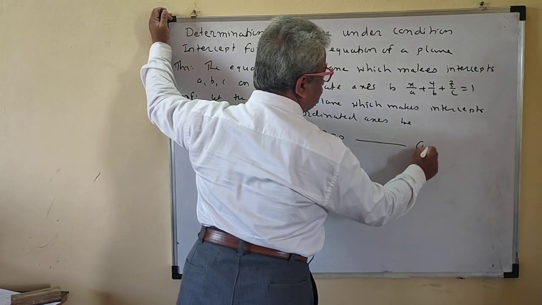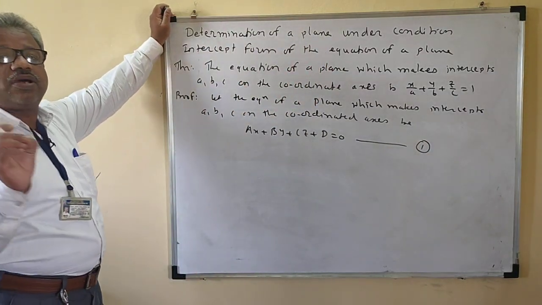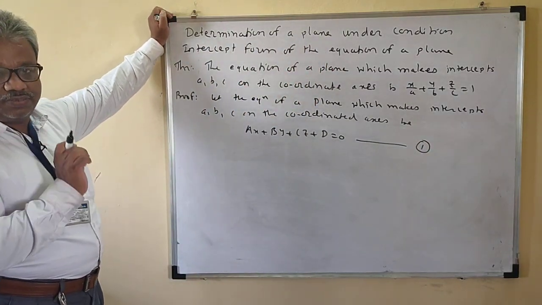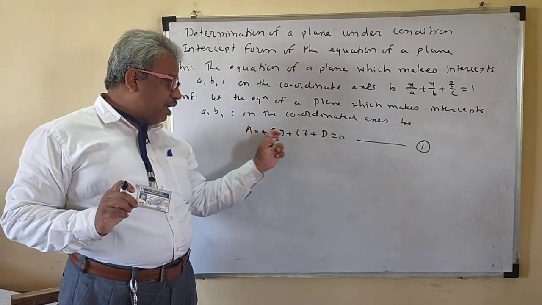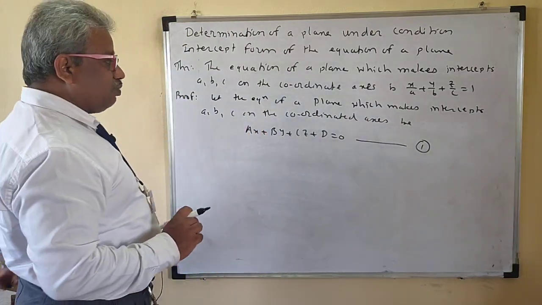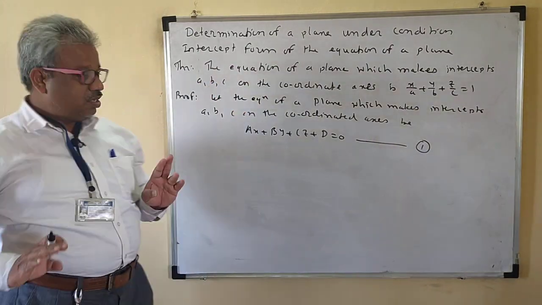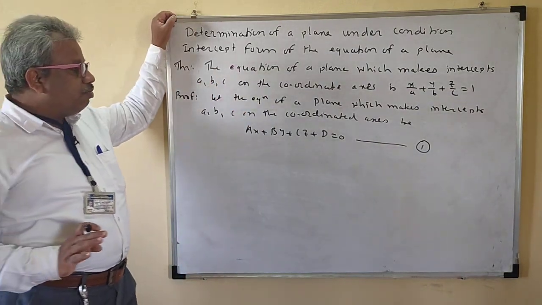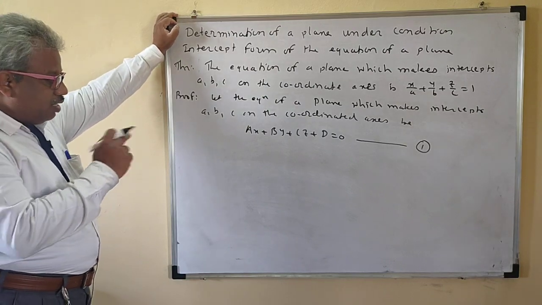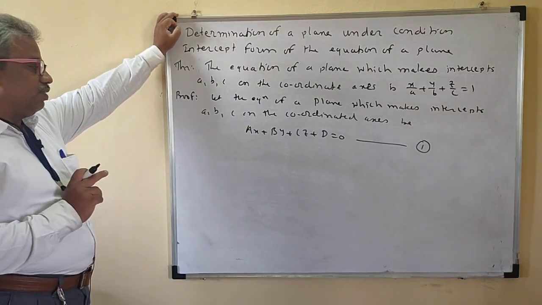This is our required equation of the plane if we get the values of A, B, C, D in terms of small a, b, c. So what is our aim? To find the values of A, B, C, D in terms of small a, b, c, because we have been provided small a, b, c.